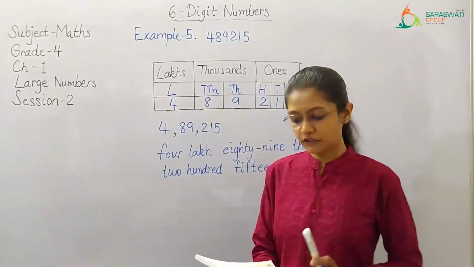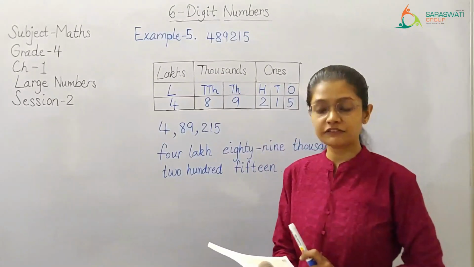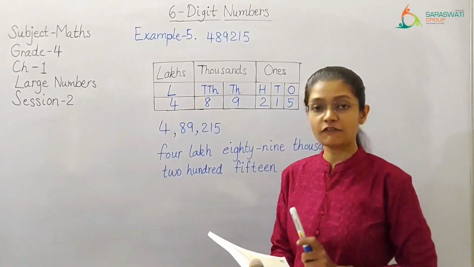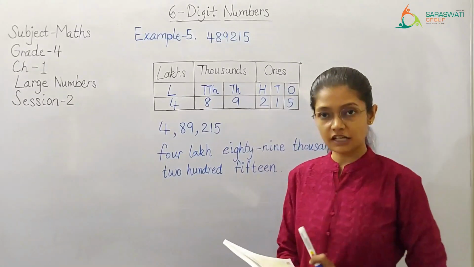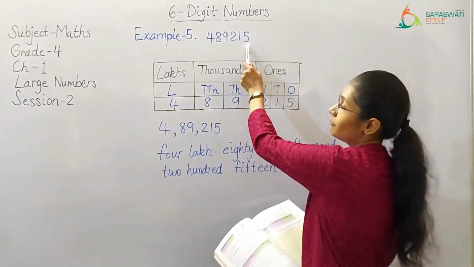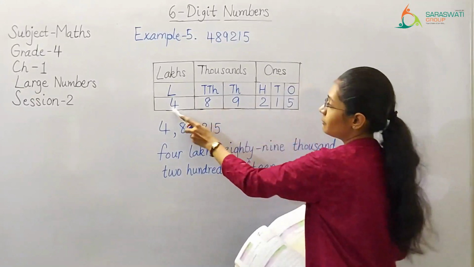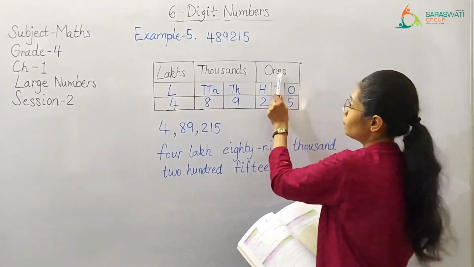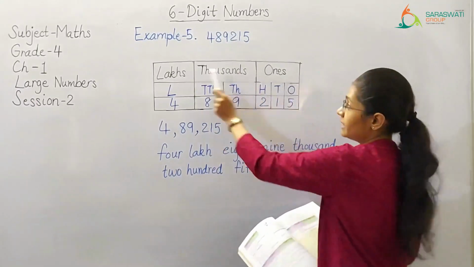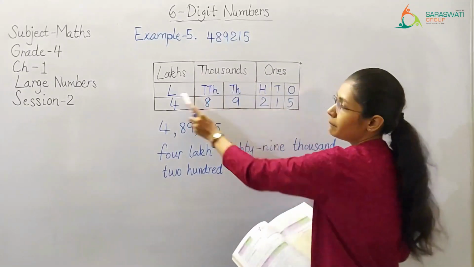Now in the fifth example, we have to show this number in the place value chart, and we have to write it using the commas and also in the form of words, and we have to read it aloud. So always while writing the place value chart, start from the rightmost digit. So starting from the ones place, we write this number in the place value chart with the ones, thousands, lakhs periods and ones, tens, hundreds, thousands, 10,000s, lakhs places.